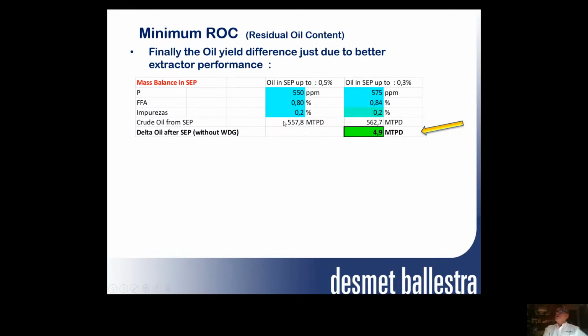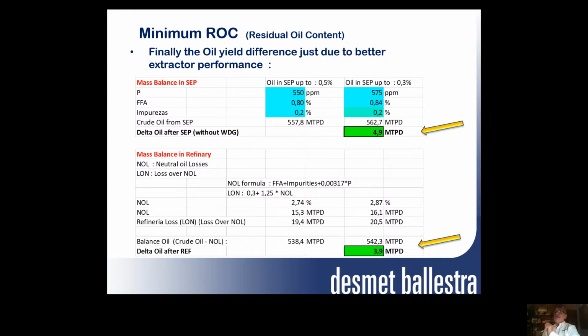So using the figures for flakes, we have this crude oil in an extraction plant. The yield of crude oil is 557 and 562 metric tons per day, with a difference in favor, naturally, of the 0.3 residual oil content of almost 5 tons per day in the solvent extraction plant.